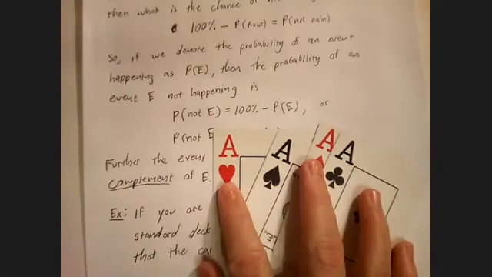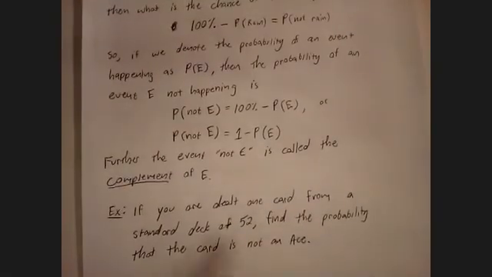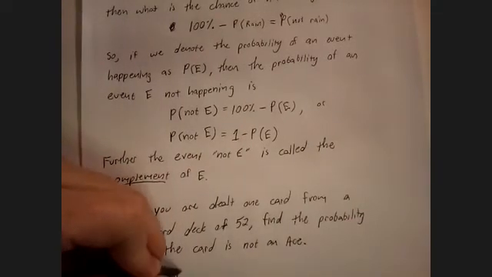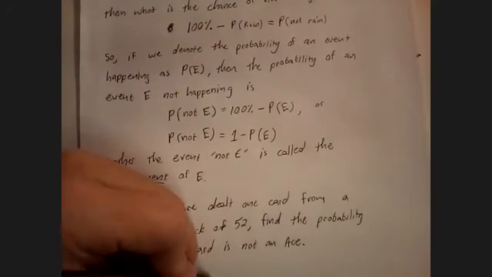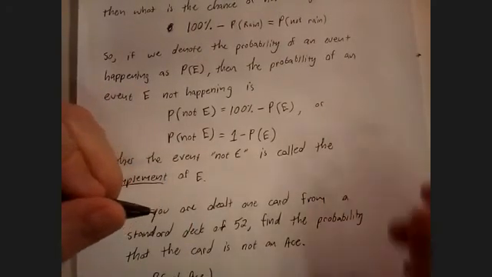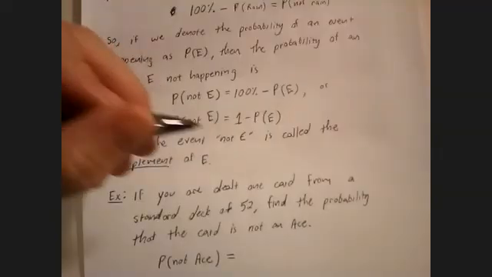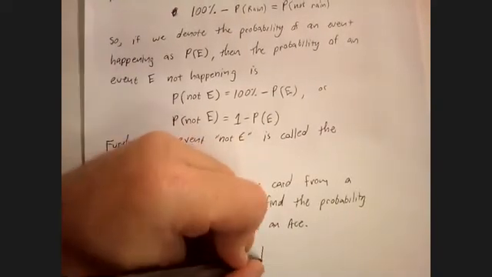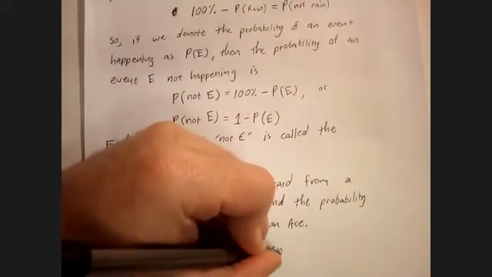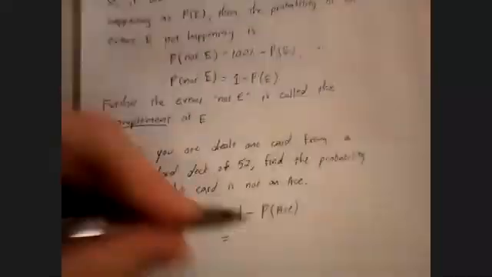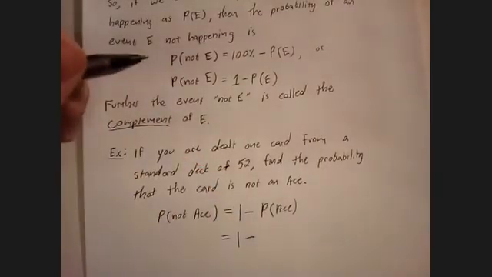So the probability of not choosing an ace, it would be quicker to do the following. The probability of not ace is equal to 1 minus the probability of an ace.